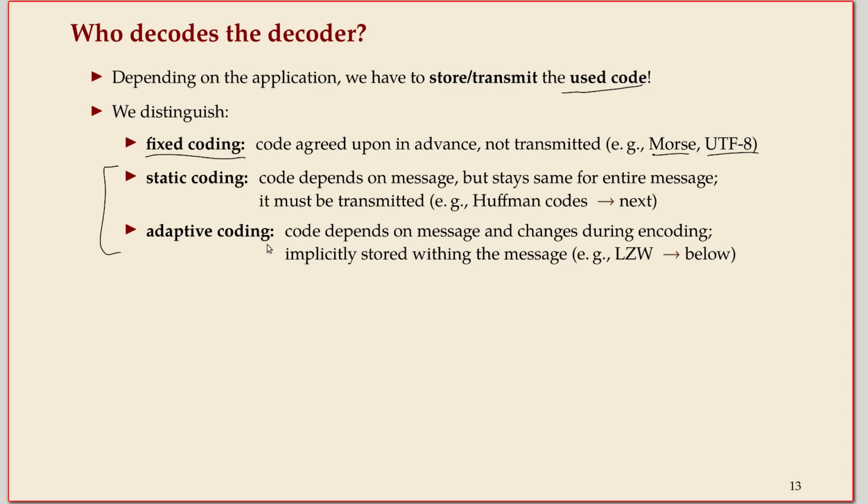And the other alternative is adaptive coding. That's a weird thing because the code itself changes while we are coding and decoding. But as you'll see in the example that we discuss later next week, I guess, you'll see that's a fairly natural thing in the applications where it actually occurs.